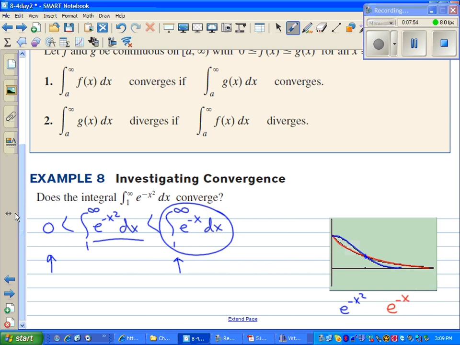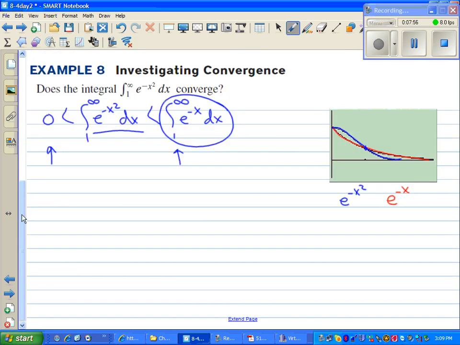So let's see if it converges or diverges, by taking the limit as b approaches infinity of the integral from 1 to b of e to the negative x dx. Now we can take the antiderivative of e to the negative x, which is negative e to the negative x, evaluated from 1 to b.